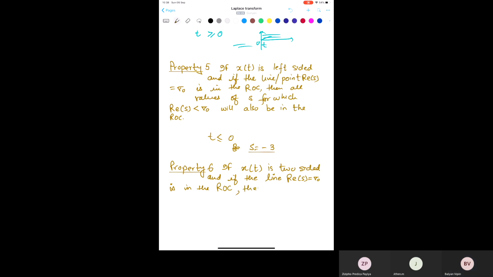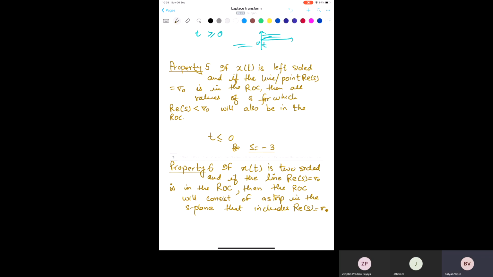then the ROC will consist of a strip in the s plane that includes real s equals sigma naught.